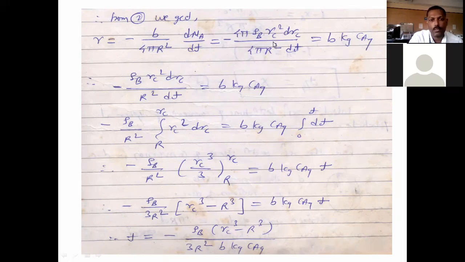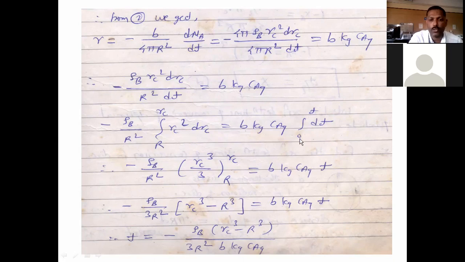Then ρ_B R_C squared dR_C upon R squared dt is equal to b k_g C_Ag. Now rearrange the equation: put dt on the right-hand side, so ρ_B upon R squared, R_C squared dR_C, and integrate from R to R_C, equal to b k_g C_Ag with limits 0 to t.